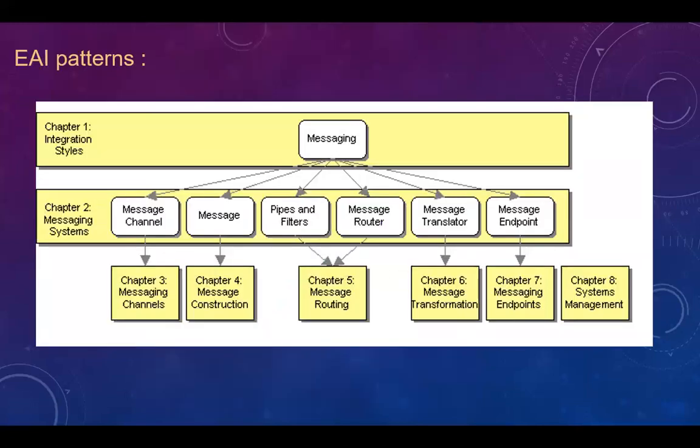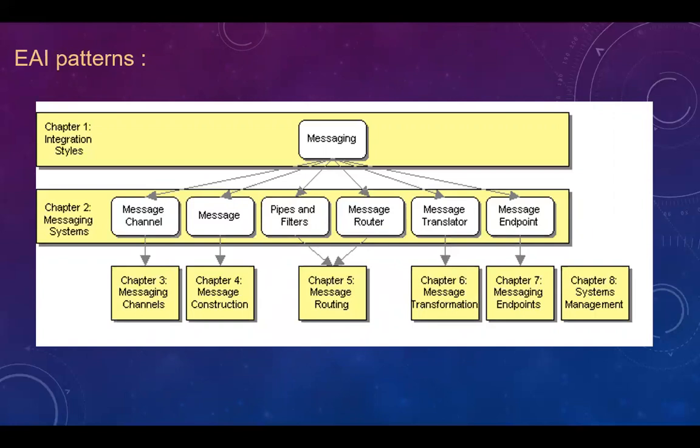Let's move further. If you go to eapatterns.com, the enterprise application integration patterns site, these are the different things they have brought out. They have something called messaging. After that, in chapter 2, in the book which I already prescribed in the first video, this architecture is what they follow in order to explain.